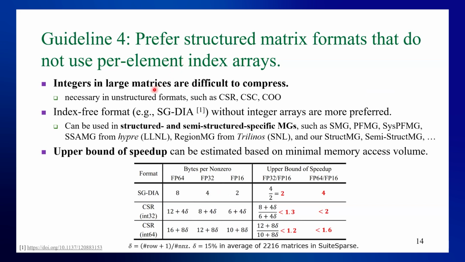This is based on the observation that integers in large matrices are difficult to compress, but they are actually necessary in unstructured formats. In contrast, some formats without integer arrays are more preferred. They can be used in structured or semi-structured specific MGs. So to enjoy FP16 speedups, applications had better consider structured grids to discretize their PDEs whenever possible.